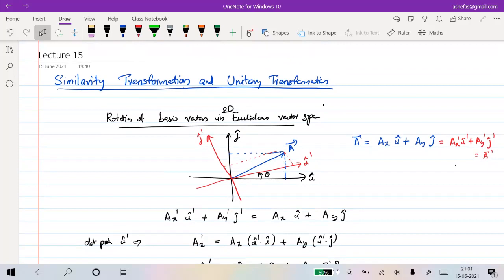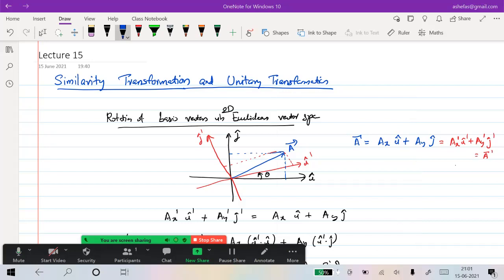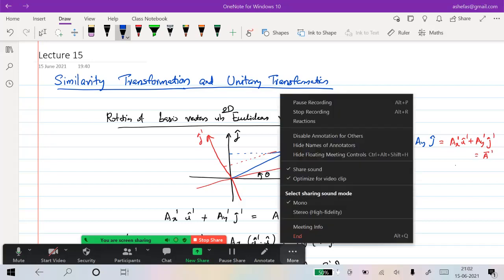Those things we will come to know when we use the representations, where we can see the power of unitary transformation for simplifying our problems. That's all for the time being. In the next class, we can discuss two types of unitary transformation, infinitesimal and finite, and we will see an explicit expression for our unitary operator.